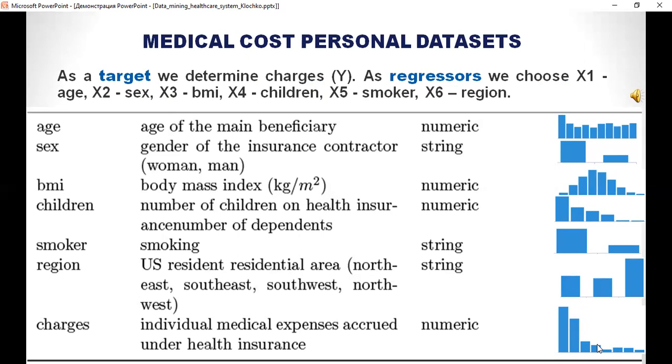Region is the residential area of residence in the USA. As a target, we determine the charges, Y. As regressors, we choose X1 age, X2 sex, X3 BMI, X4 children, X5 smoker, X6 region.